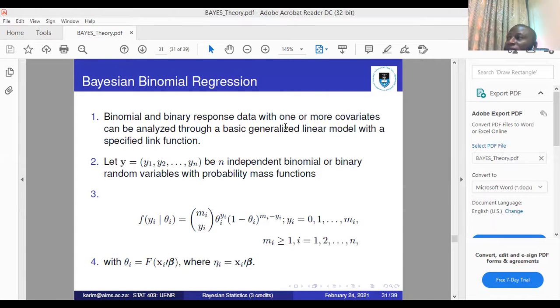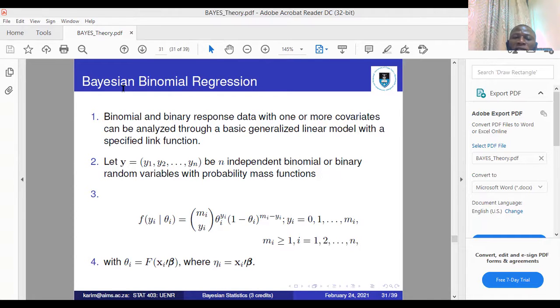Binary in the sense that the outcome variable is either yes or no, infected or not infected, success or failure. So when your outcome of interest is in that nature, then we are talking of binary data. And for binary data, we assume that they follow the binomial distribution.